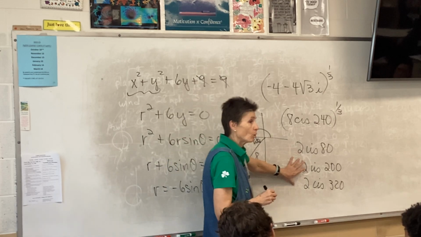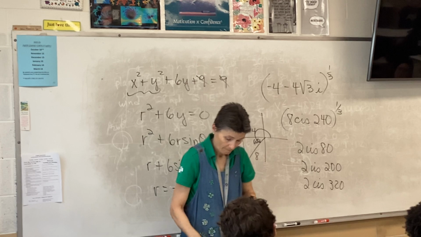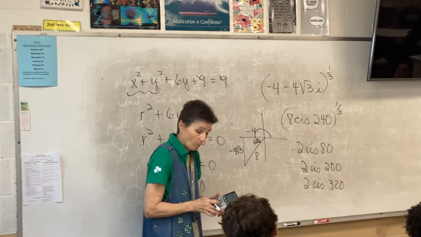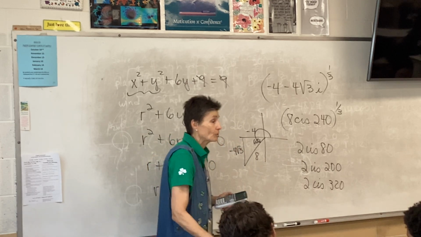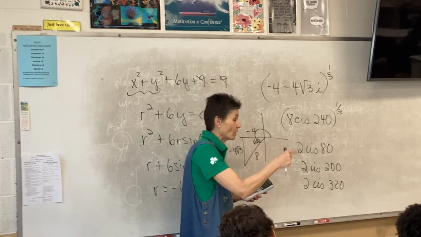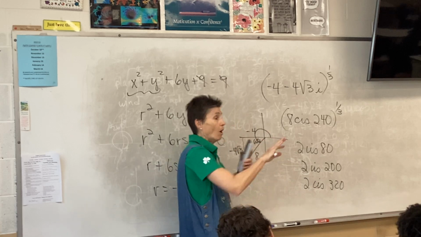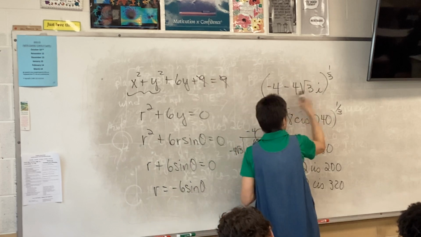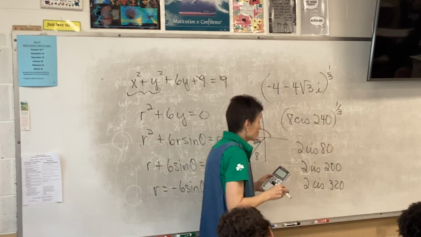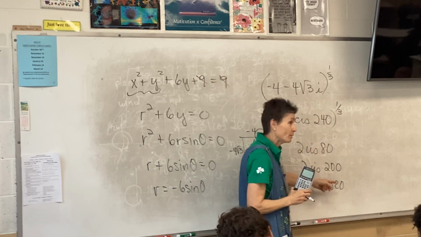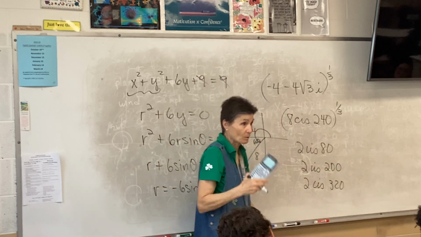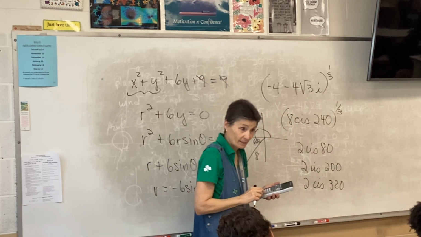Now, what form are these? Those are polar. It says standard form, complex form, rectangular form, Cartesian form. All those words mean this, A plus BI. So, since the angles are 80, 200, and 320, I have no choice. I'm going to have to use my calculator.